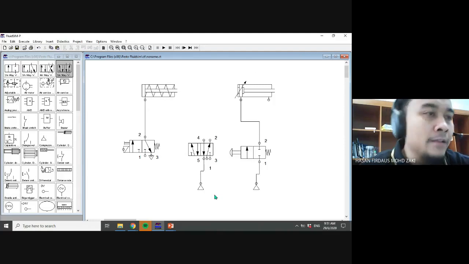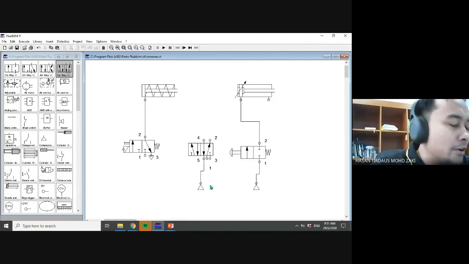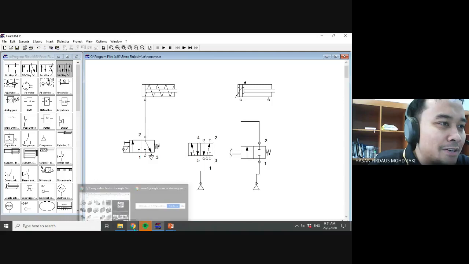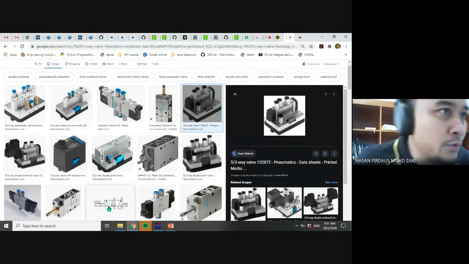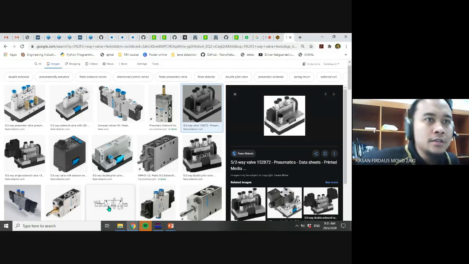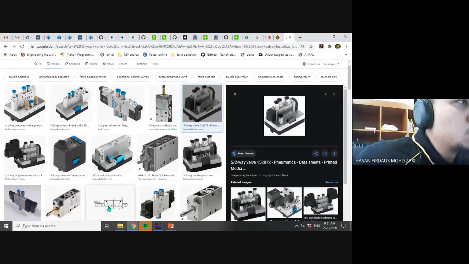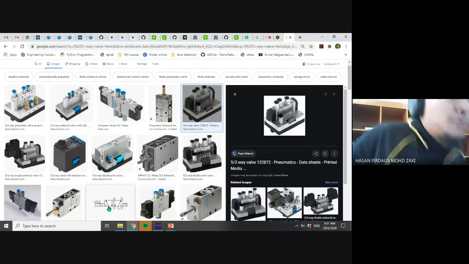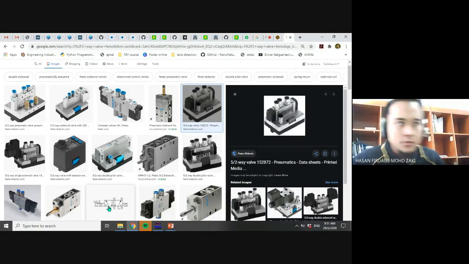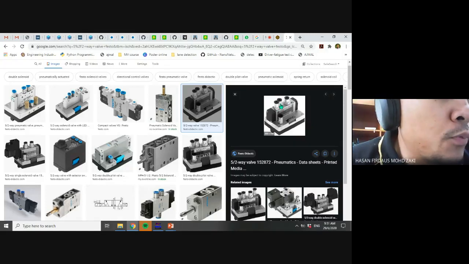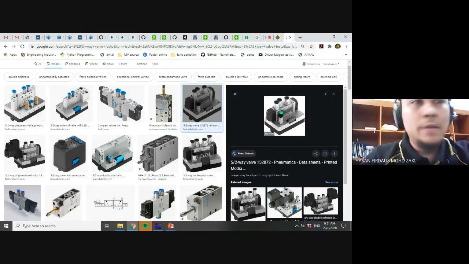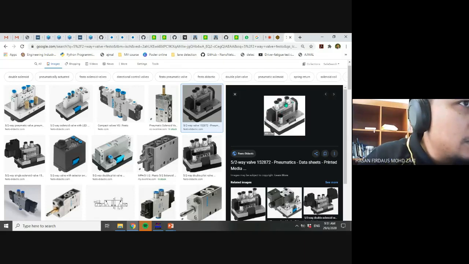The answer is cannot. This is designed in such a way that the power source can only be through port number 1, because port number 1 is the source port. This is the port where you put your piping. So source always goes to port number 1.